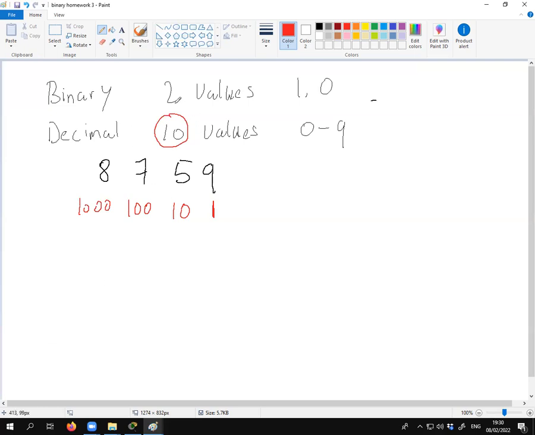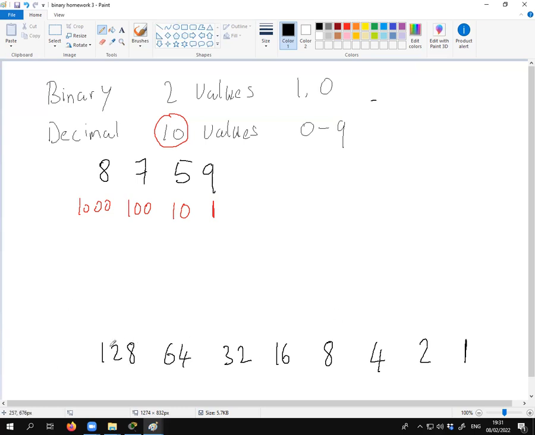In binary, we've only got 2 values. So in binary, you start on the right and multiply by 2. You've got 1, 2, 4, 8, 16, 32, 64, and 128.